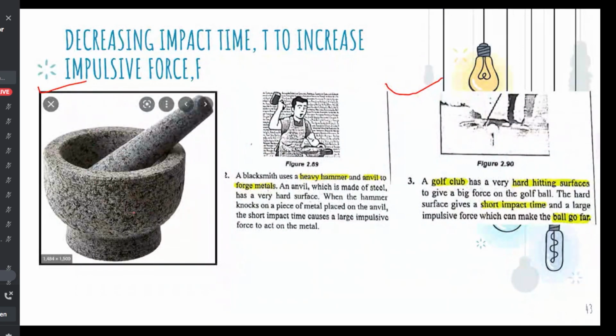Usually your mom or your grandmother will put those spices like chilies, garlics, and all those. They will cut it into small pieces and put everything together here.